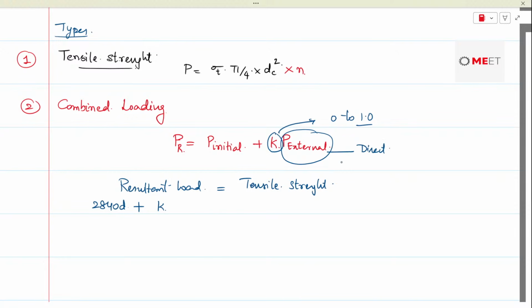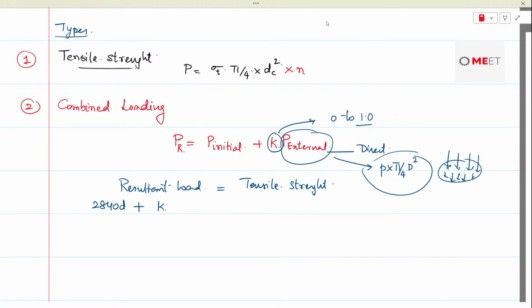This external load could be given directly, or it could be given in the form of pressure over a surface, pressure exerted on a circular plate. In that case, pressure into pi by 4 times the diameter squared. That's how a pressure can be converted into force.